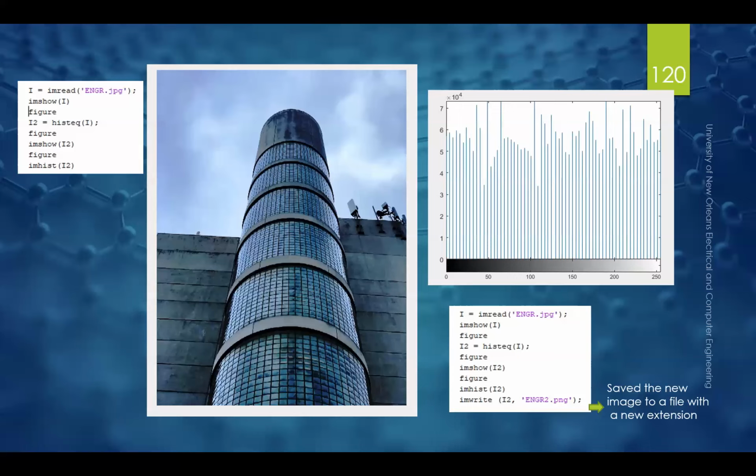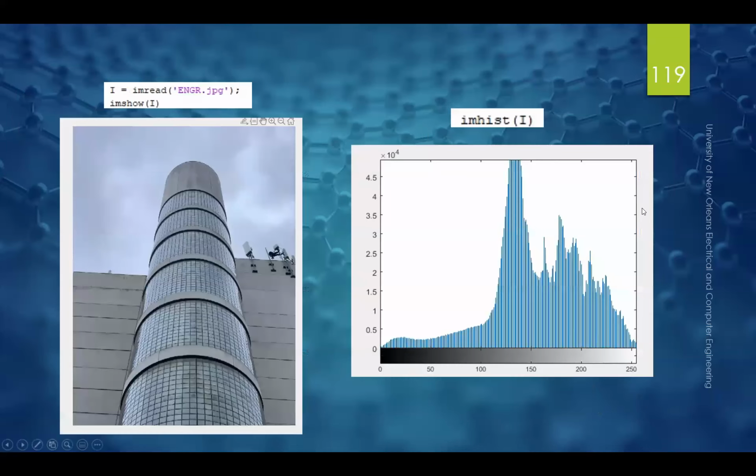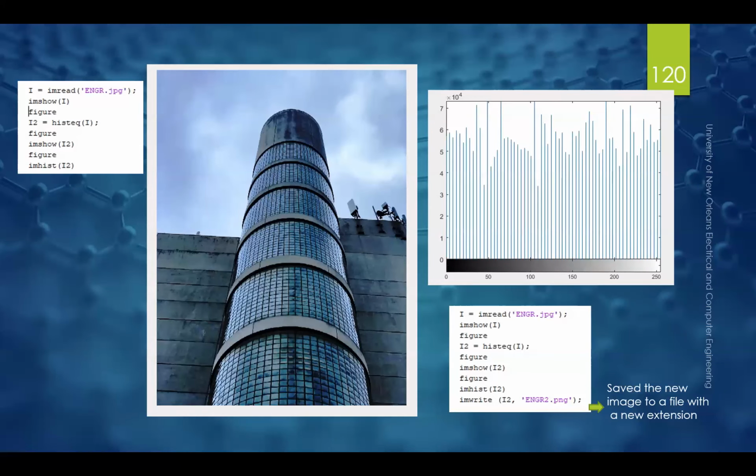So if you look at the previous slide, this is the original image with a lot of the pixel intensity information somewhere in the middle here. But now I just used the HISTEQ function, and see what happens. The information is now more average, if you will, more equally distributed almost.